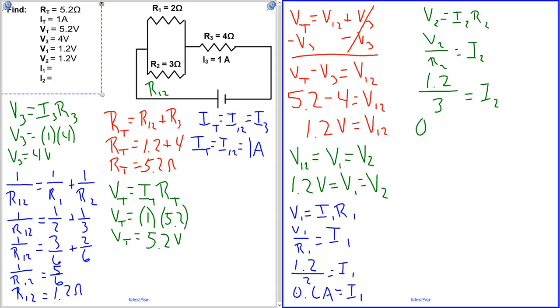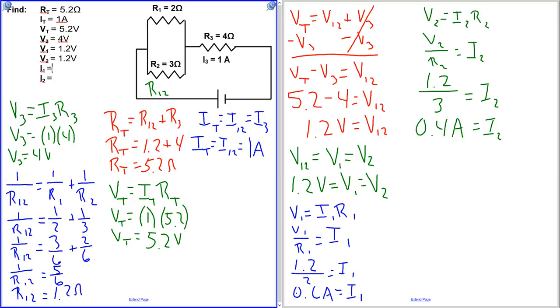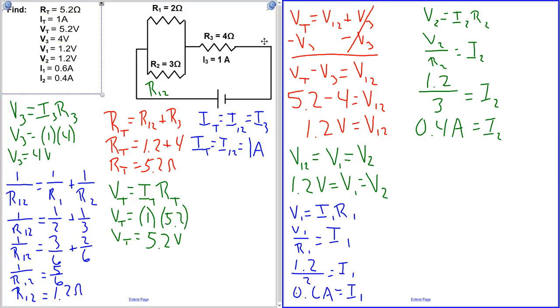And that gives me 0.4 amps. So if I want, I can come back up and add that to my list as well. So 0.6 amps is the current in resistor 1, and 0.4 amps is the current in resistor 2.